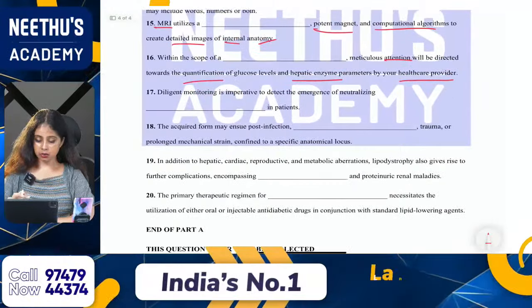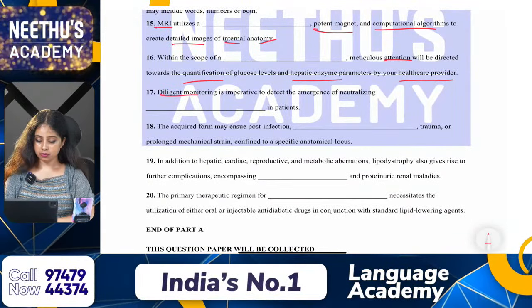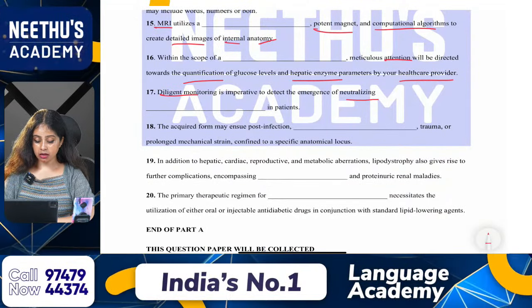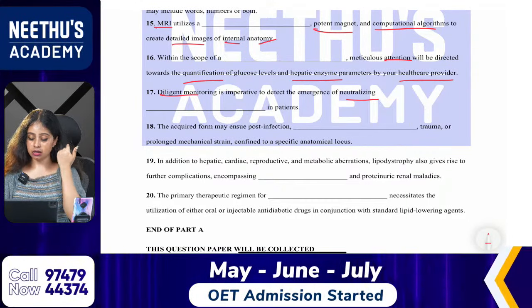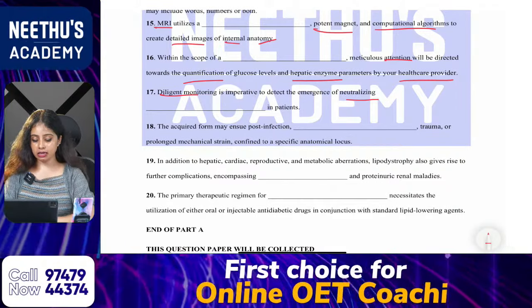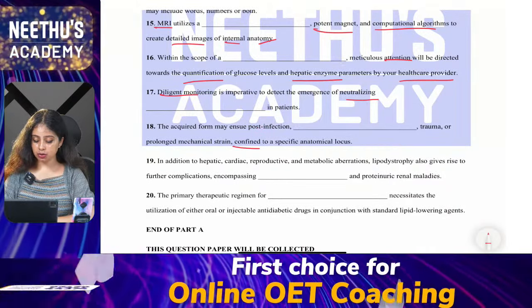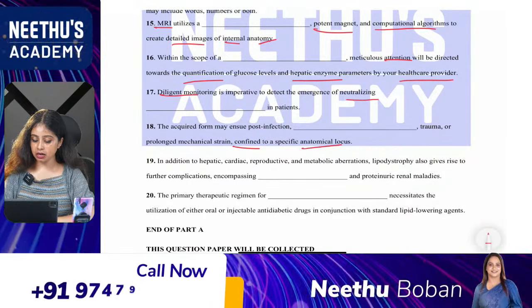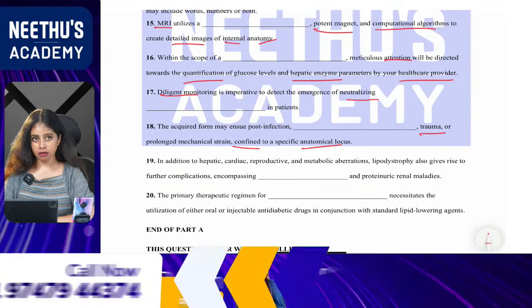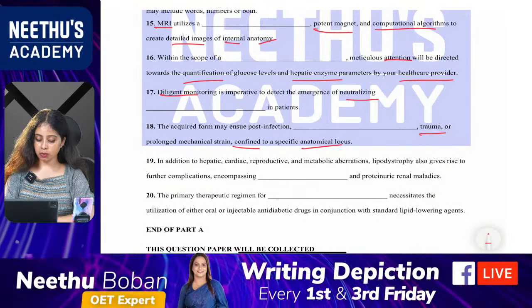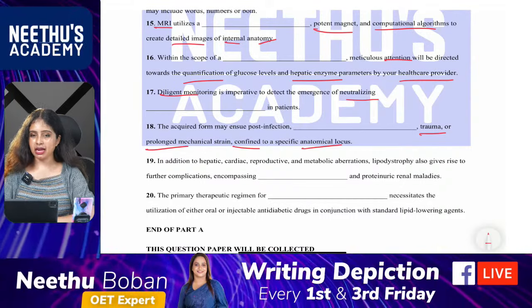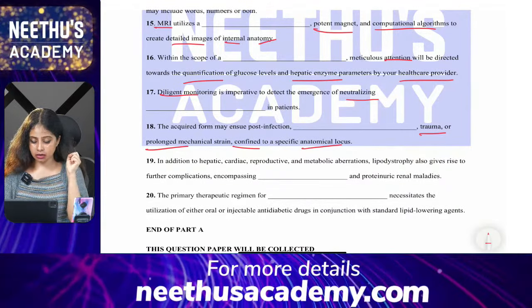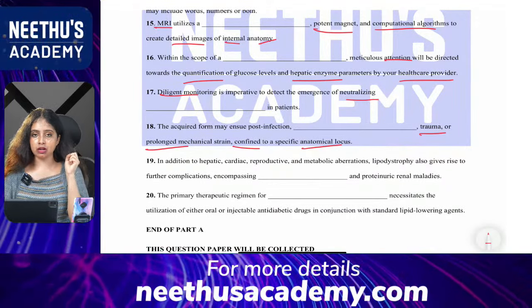Then moving to the very next question, the 18th. The acquired form may ensue post-infection, dash, trauma or prolonged mechanical strain confined to a specific anatomical locus. Where is it mentioned? Trauma, then prolonged mechanical strain, confined, which means localized to a specific anatomical locus.